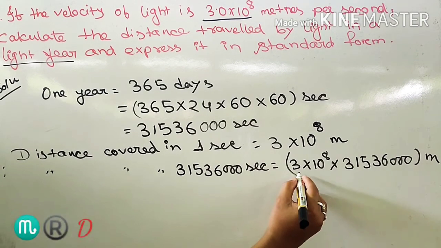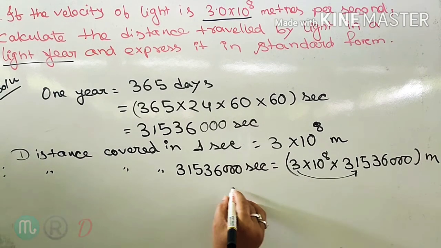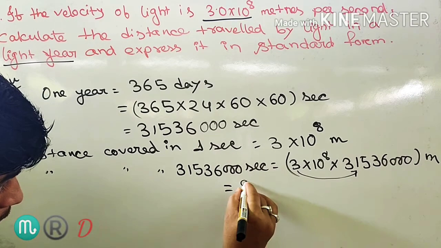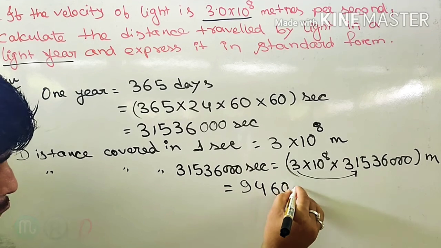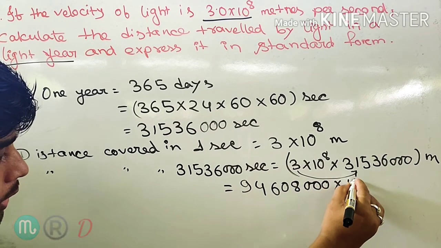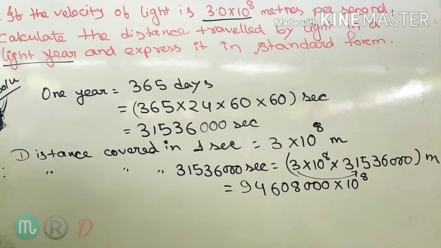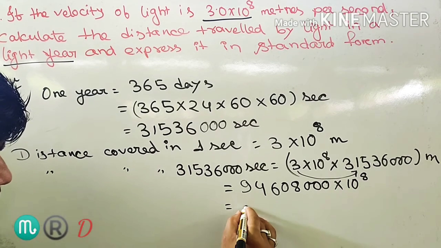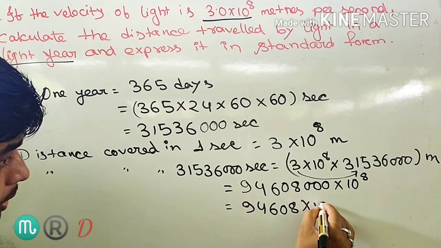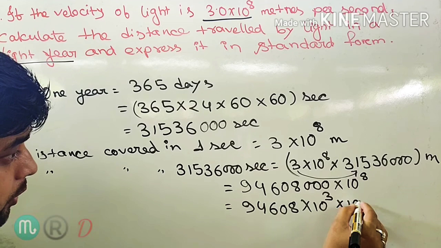Now on multiplying 3 to this, you will get 94608000 into 10 to the power 8. Now look, if you remove the 0s, then you can write 10 to the power 3 into 10 to the power 8.